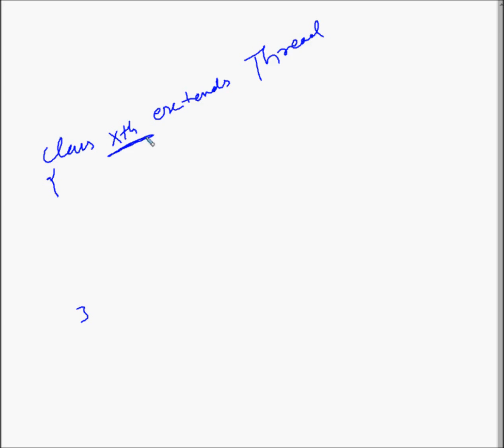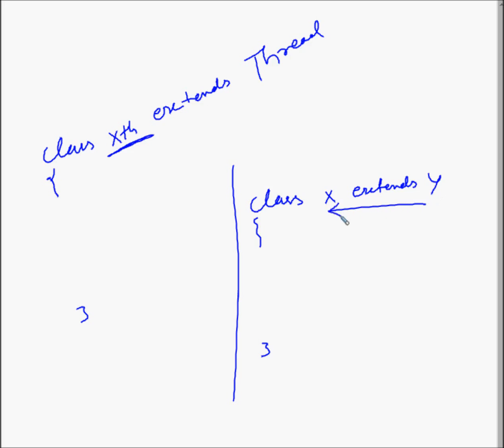But then why is there a Runnable interface? Let us say you have a class X, and inside that you are saying extends Y. So you are already extending one class in X, and that is Y, right? Can I write extends again? No, because multiple inheritance is not allowed in Java, so we cannot write extends Thread again, or extends Y, Thread.